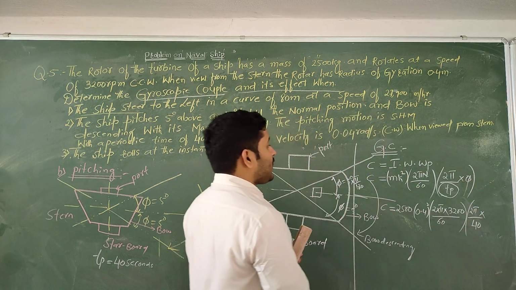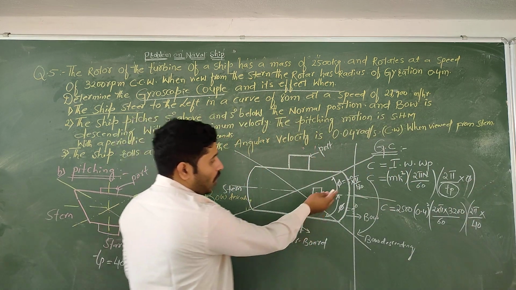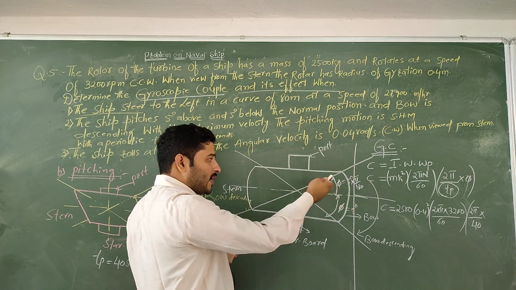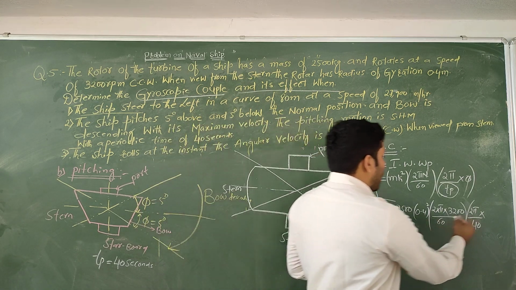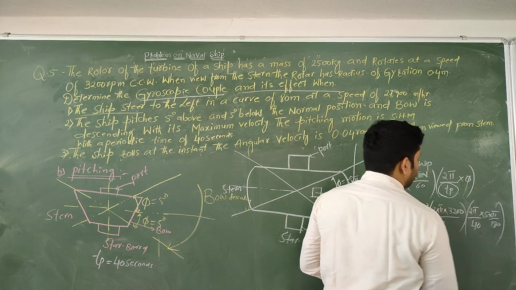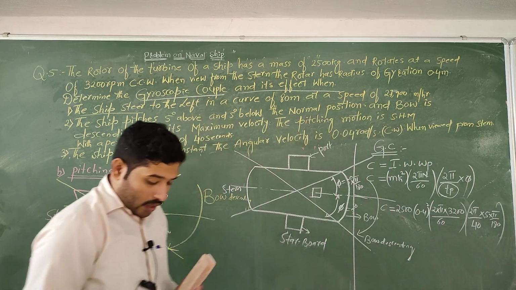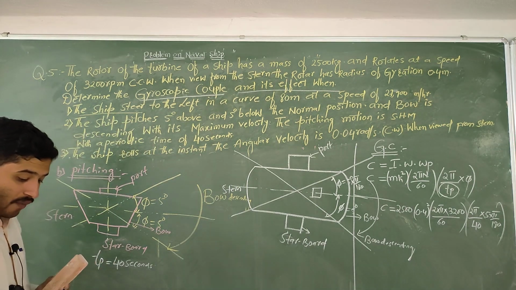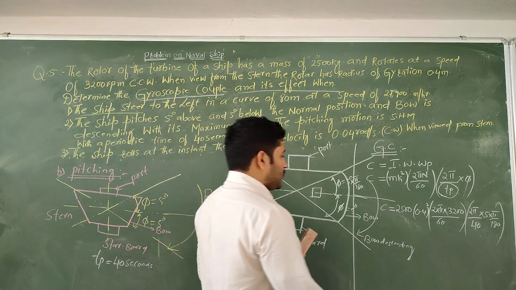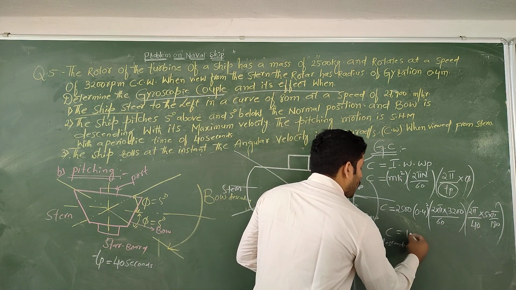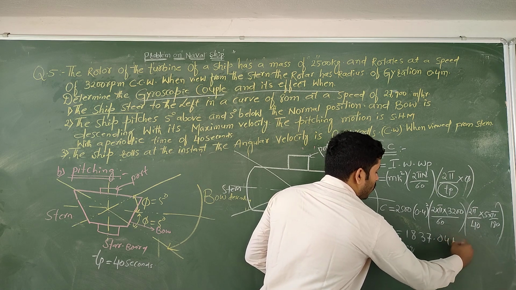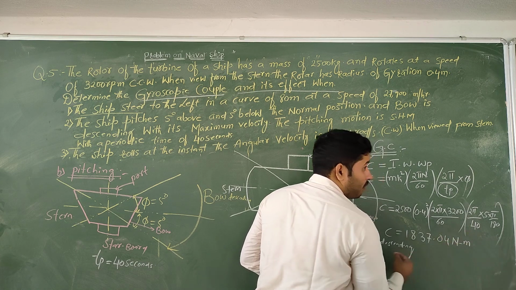Into phi, where phi is the angle in radian. So how much pitching above? It's taking 5 degree. If the pitching is below, again it's taking 5 degree. So this means 5 into pi by 180. If you calculate with the help of a calculator, then you will get the answer C is equal to 1837.04 Newton meter.